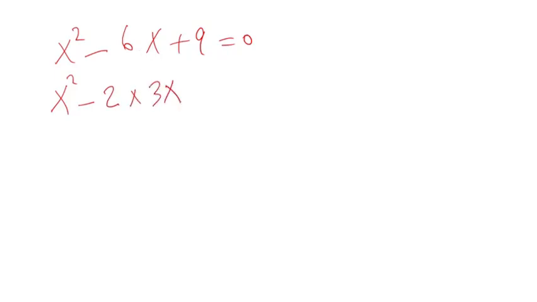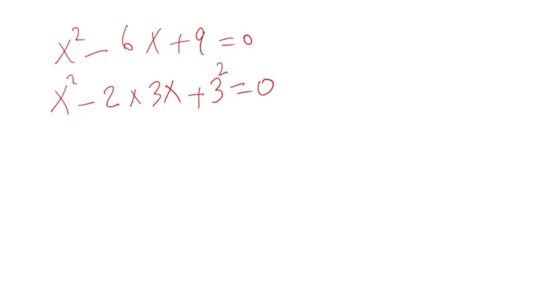Another way to solve this equation, if you don't want to go finding the roots, so let's write that equation again. x squared minus 6x plus 9 equal to 0. Notice I can write this as x squared minus 2 times something that would give me 6x. That means 3x, plus 9 is 3 squared, equal to 0.